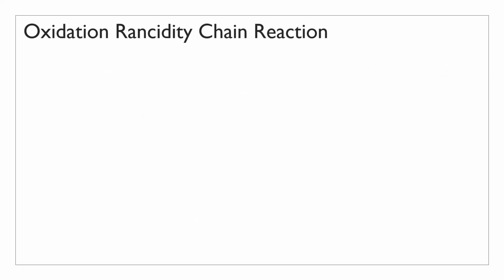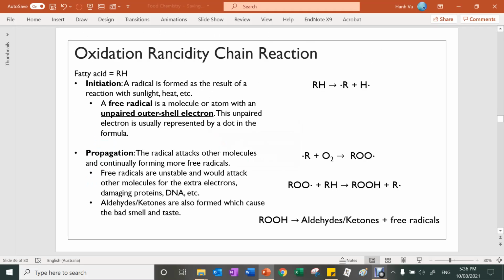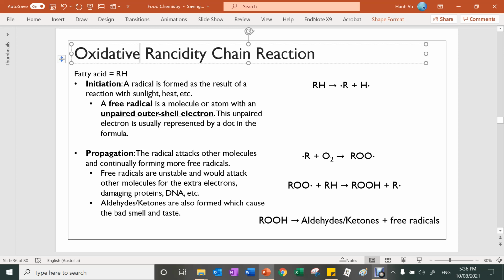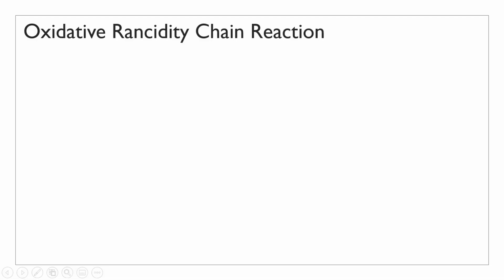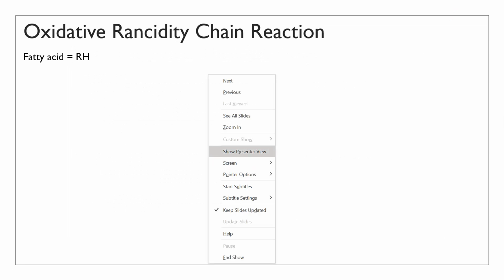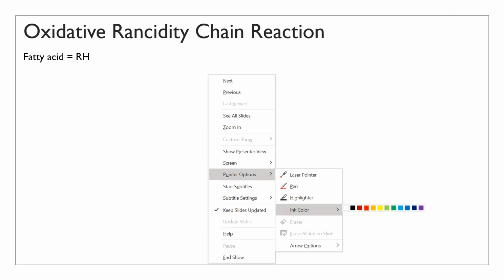All right, so I will give you an example of an oxidative rancidity chain reaction. I really can't write things these days. That's supposed to say oxidative rancidity chain reaction. All right, so I'm going to abbreviate a fatty acid as RH.